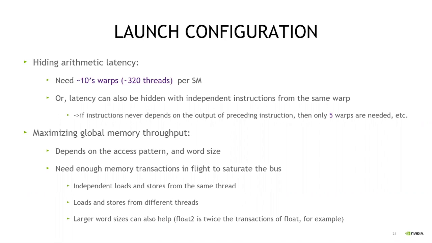There are some things that we can do as a programmer to help this along. For example, if we can operate on larger chunks of data per thread, then we can fill up the memory pipe with a smaller number of threads and achieve the same level of memory saturation. Okay? Again, not a terribly important concept, but it's something to be aware of as you get farther into the optimization scenario. Right now, it's not a top-level optimization objective, but something that you may run into later is to do something called a vector load, for example.